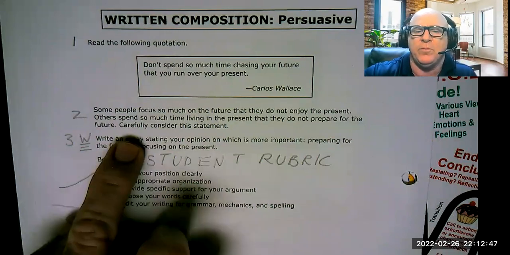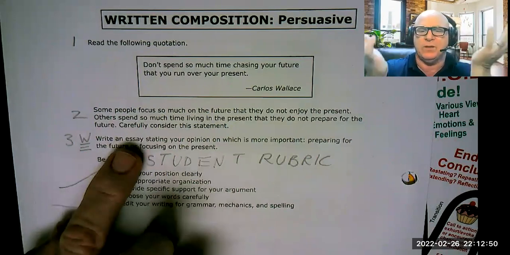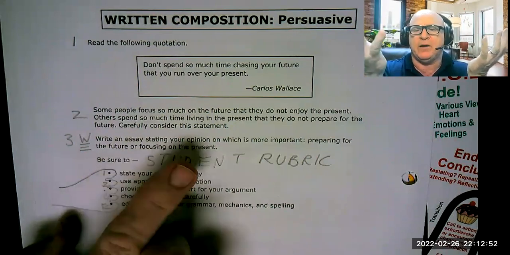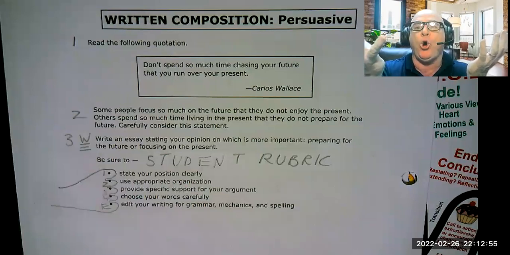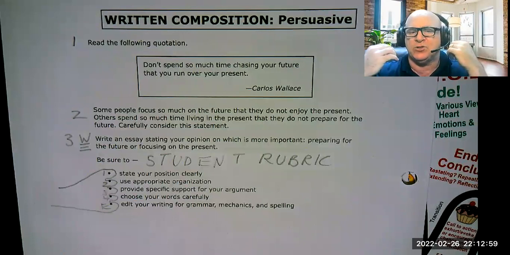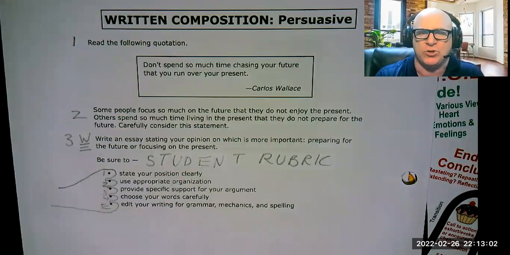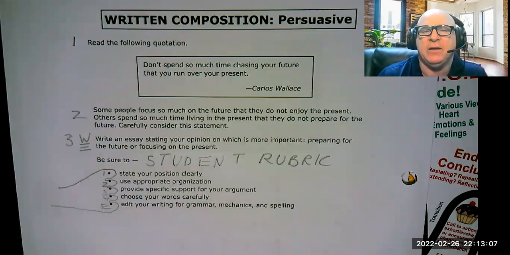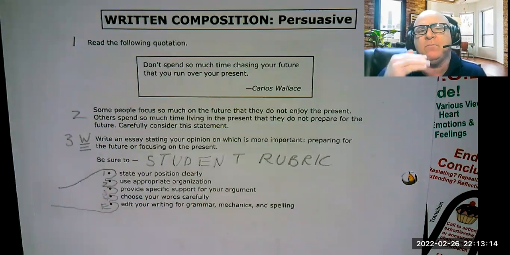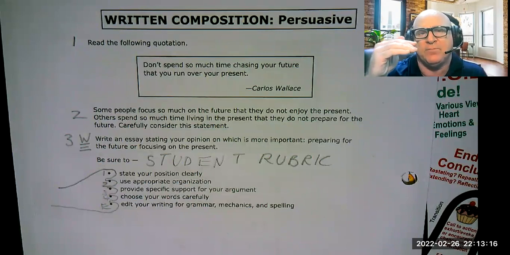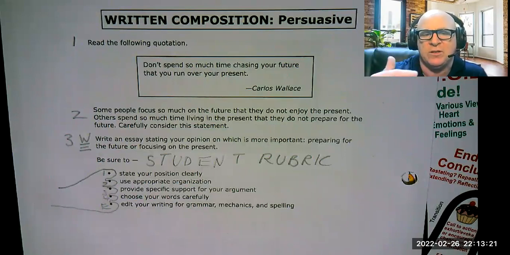Write an essay stating your opinion on which is more important, preparing for the future or focusing on the present. So just writing preparing for the future as your position statement can be done, but that's very vague, and you're going to have to turn that vague into something more specific in the body if you don't give a specific position statement in your introduction or wherever you choose to give it.